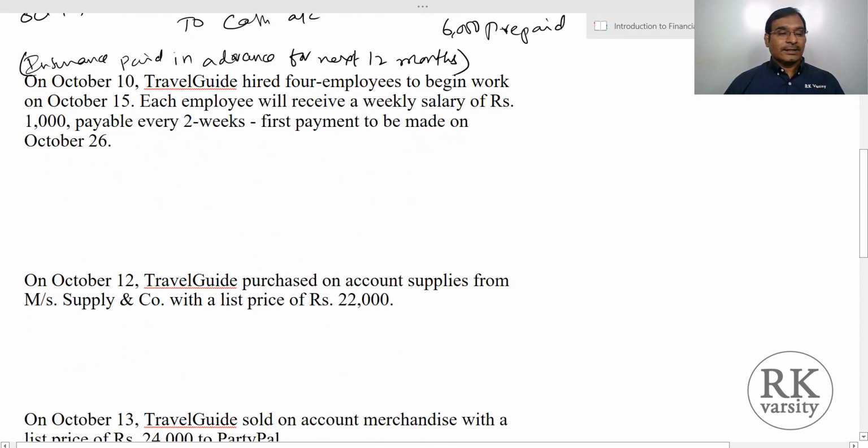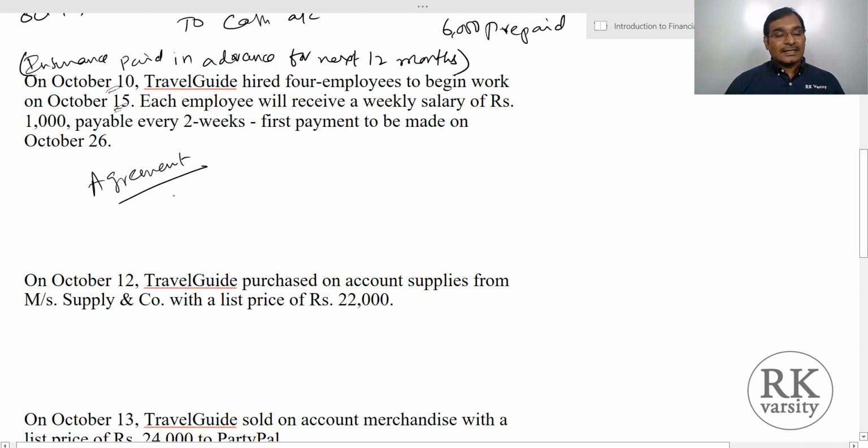Now coming to another transaction. On October 10, travel guide hired 4 employees to begin work on October 15th. Each employee will receive a weekly salary of rupees 1,000 payable every 2 weeks. First payment to be made on October 26th. Now here we simply entered into an agreement and we are not sure whether these employees are going to start their work on October 15th or not, because now we are on October 10th.